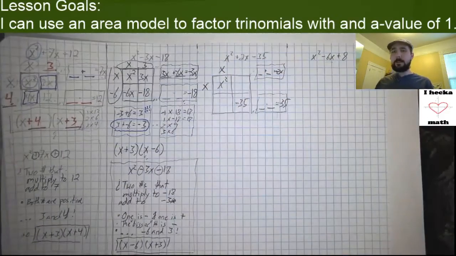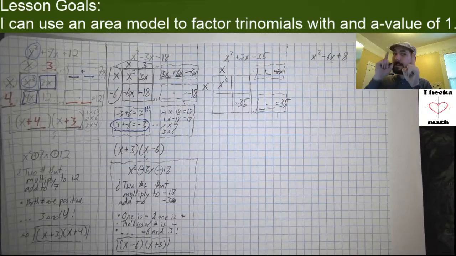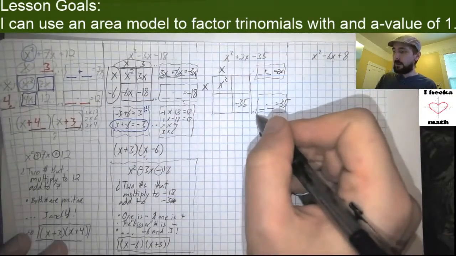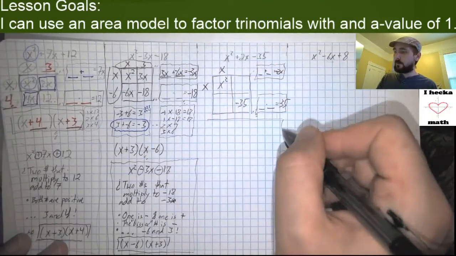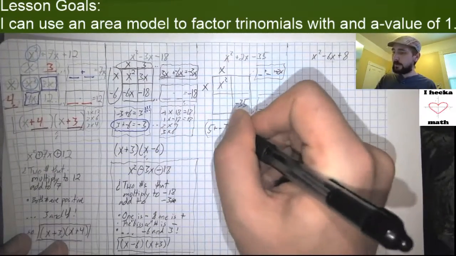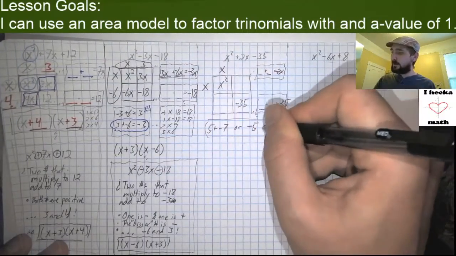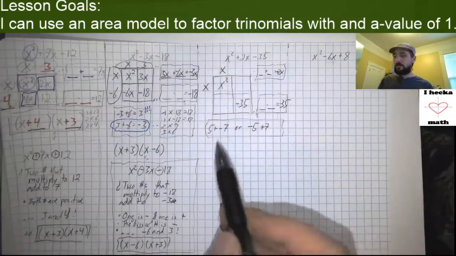So 5 and 7 combine to 12, right? But remember, if 1 is negative and 1 is positive, it's a slightly different question. So we can either do positive 5 plus negative 7, or we can do negative 5 plus 7.